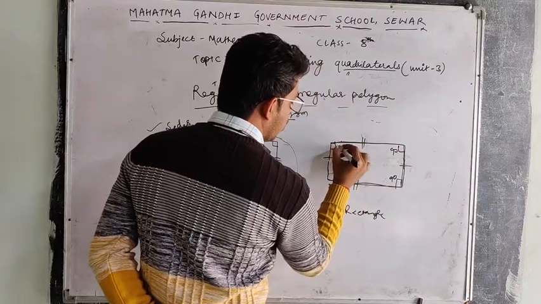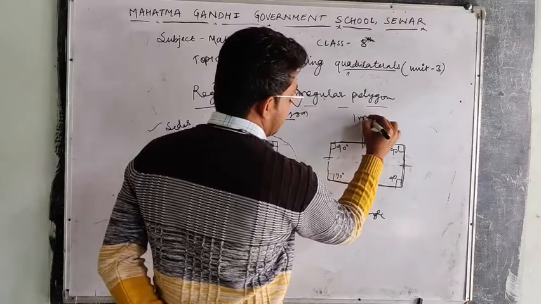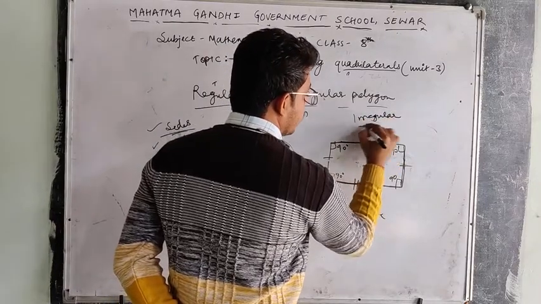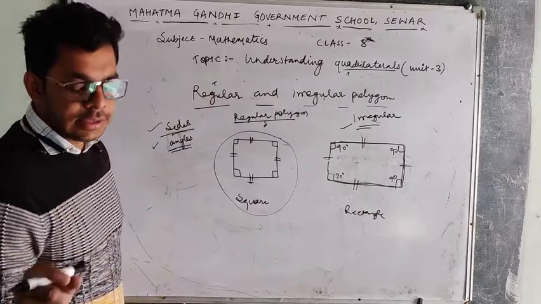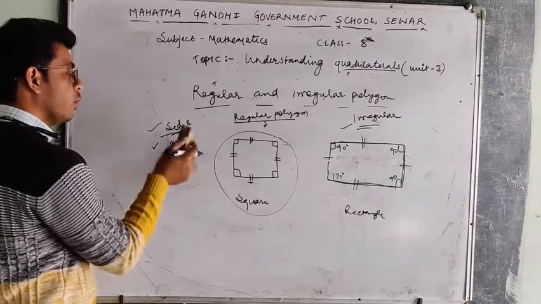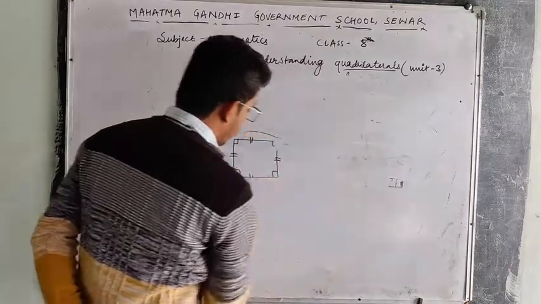So it will not be a regular structure. It will be an irregular structure. So anything which does not have equal angles and equal lines is an irregular structure or irregular polygon.